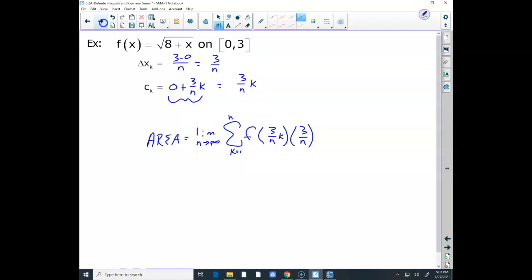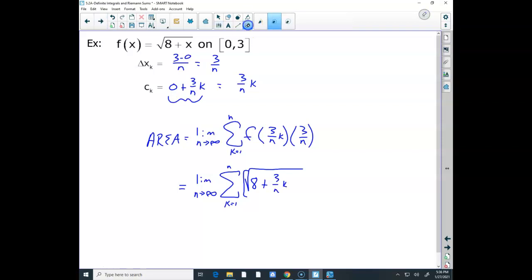And in the end, we need to identify this as our calculus version, the limit as n approaches infinity of the sum from k equals 1 to n of the square root of 8 plus 3 over nk times 3 over n. Okay?